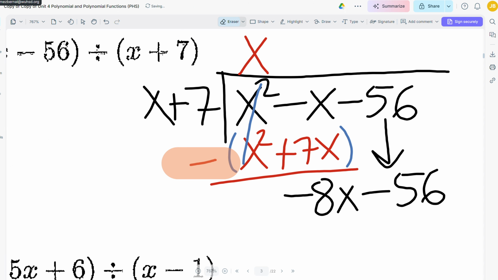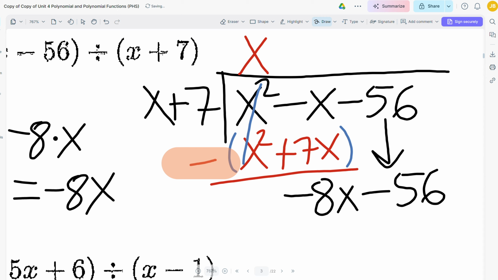Okay. Well, we should be thinking of, well, what's negative 8 times x? That's negative 8x. So what I need to multiply my x value with is a negative 8. So I'm going to bring over the negative 8, put them on top. Negative 8 or minus 8, however you want to say it.